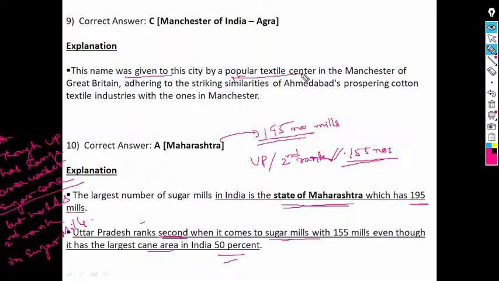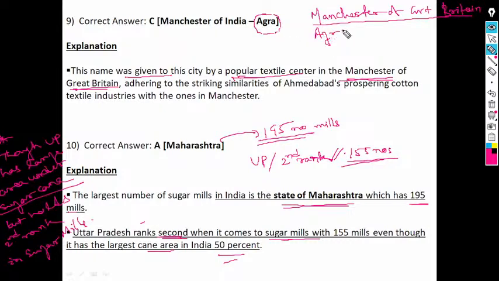This name was given to the city of popular textile center, the Manchester of Great Britain, that is Ahmedabad particularly. Ahmedabad is known as the Manchester of India, adhering to the striking similarities of Ahmedabad's prospering cotton textile industries with the ones in Manchester, Great Britain.